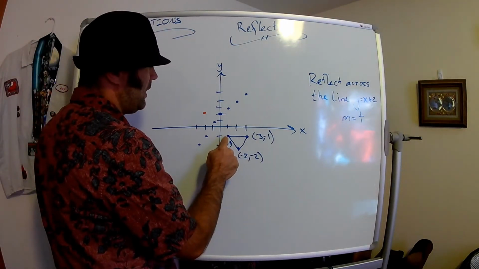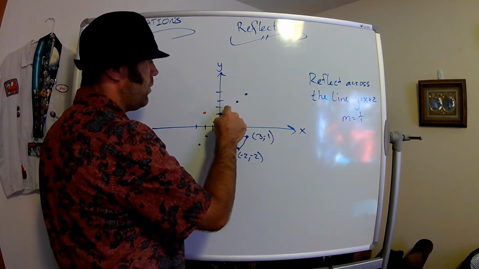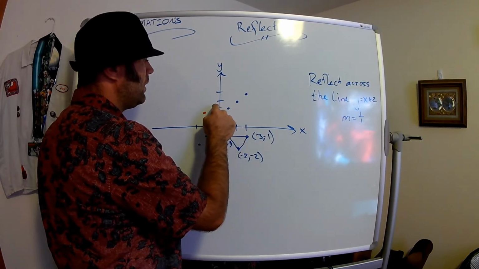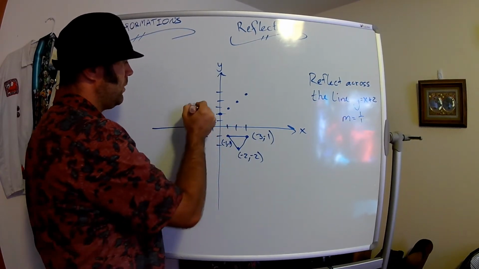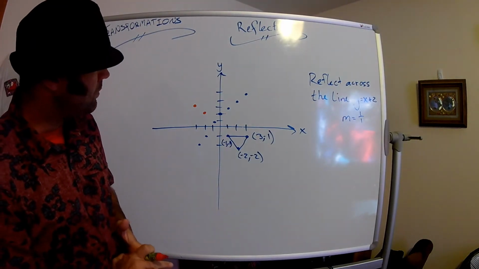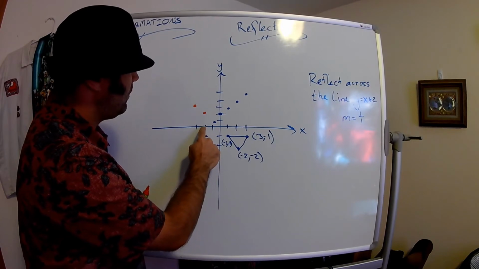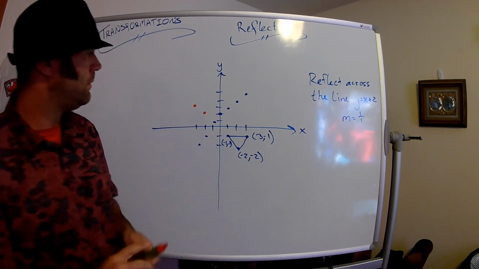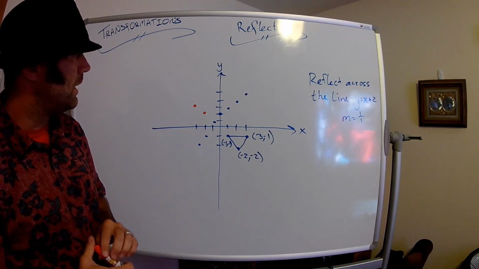So let's go ahead and go up. Up 1, 2, 3, 4. Left 1, 2, 3, 4. So I'm also getting a point here. Left 1, 2, 3, up 1, 2, 3. Yeah, so you can see we've got 2 different points. That kind of makes sense.